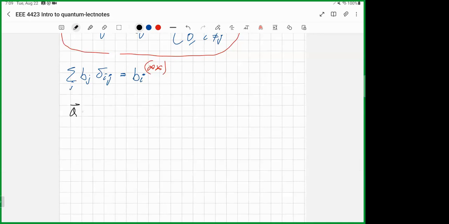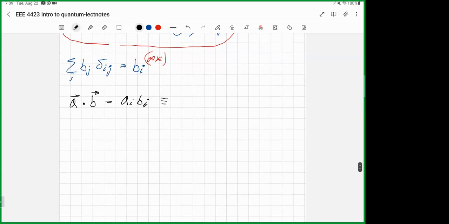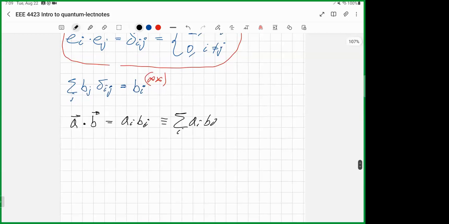When we take the inner product of vector 1 times vector 2, it will be simply a_i b_i. I remind you, we use this Einstein summation convention, but without it, it would be the summation over i of a_i b_i.